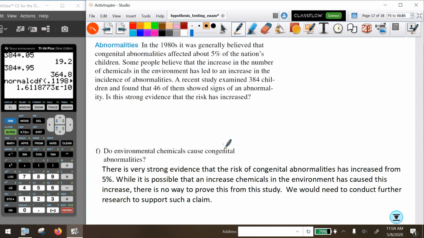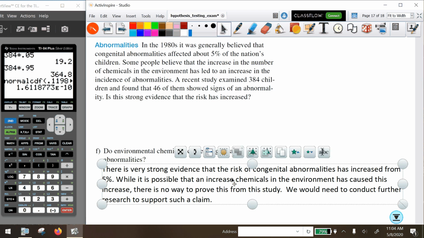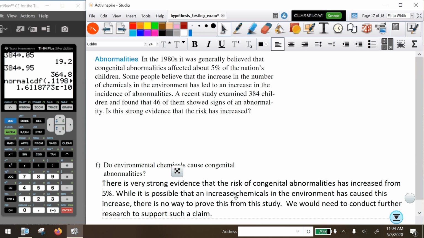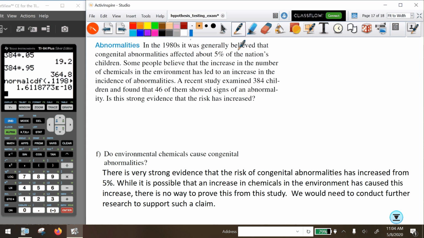So there is very strong evidence that the risk of congenital abnormalities has increased from 5%. While it is possible that an increase in chemicals in the environment has caused this increase, there is no way to prove this from this study. We would need to conduct further research to support such a claim.